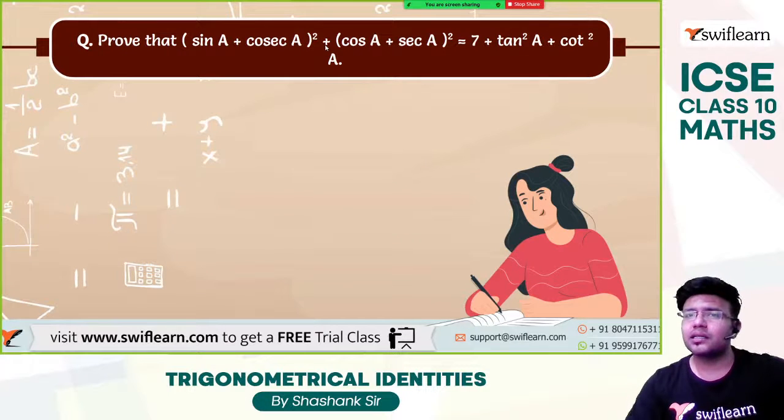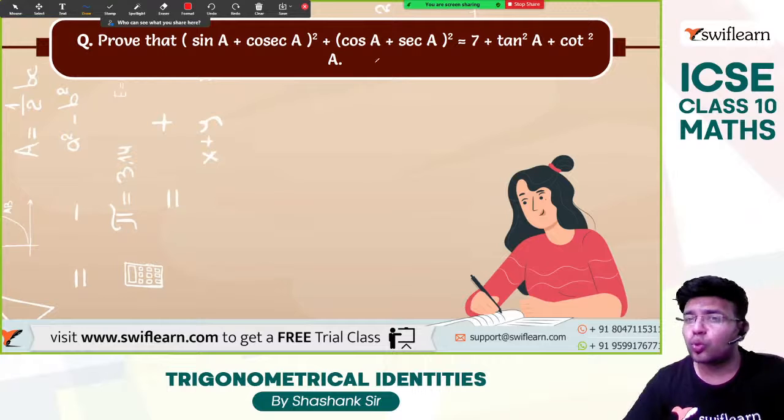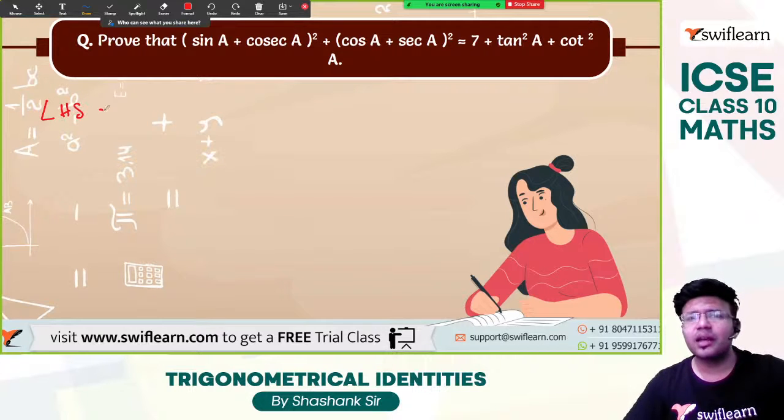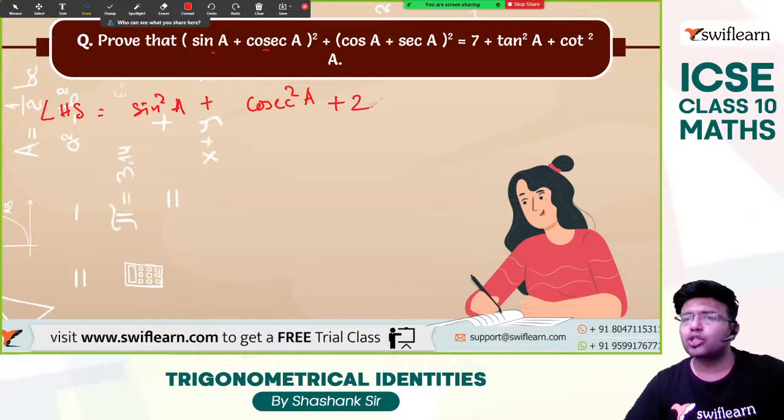Prove that, this is a very important problem: sine A plus cosec A whole square plus cos A plus sec A whole square is equal to this. From LHS, A plus B whole square, we have sine square A plus cosec square A plus 2 sine A into cosec A. Cosec A is nothing but 1 by sine A, so sine A cancels.